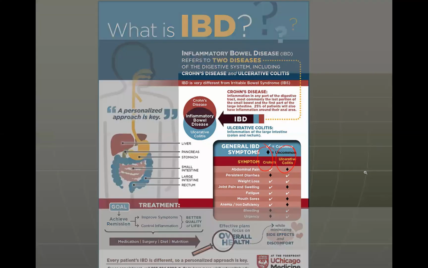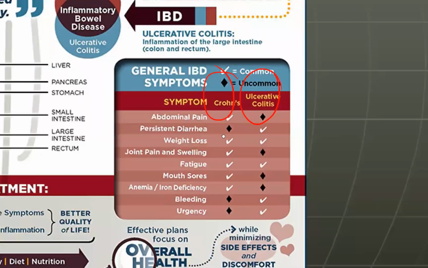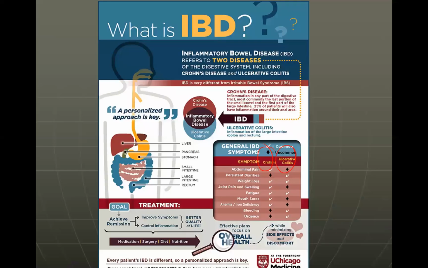Now they're similar. You can see that they have a lot of overlapping symptoms, so there's a lot of similarity between the two. But there is a big difference. In Crohn's disease, pretty much your entire digestive system could be affected. Whereas in ulcerative colitis, it's pretty much limited to the large intestine or the colon.